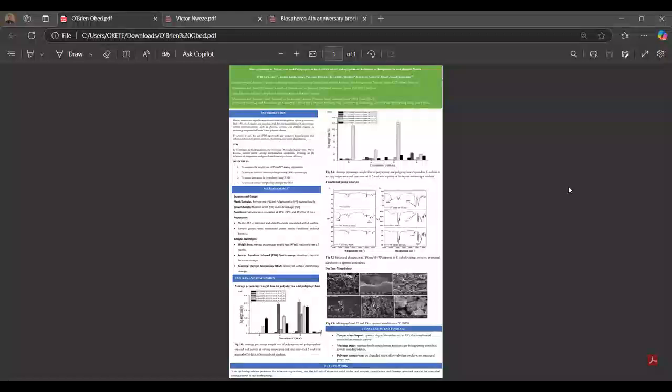Certain microorganisms like bacteria and fungi have been studied to see their influence on degrading this plastic in the environment. What we'll be looking at here is the use of the bacteria Bacillus subtilis for this biodegradation.